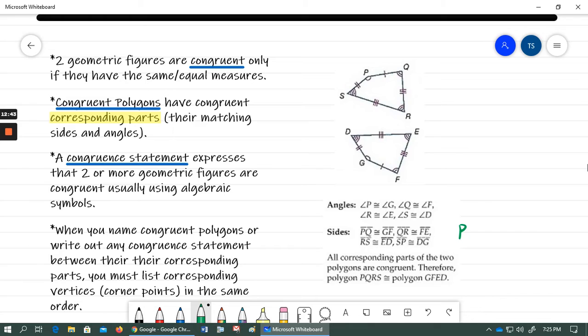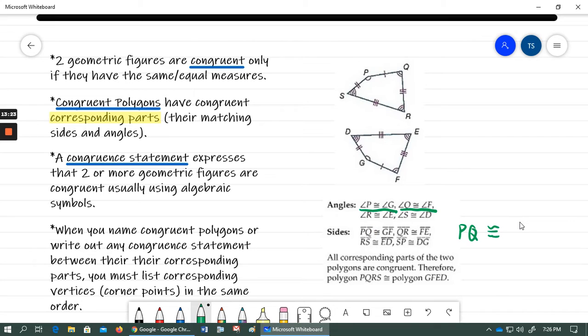We know that angle P corresponds with angle G, and angle Q corresponds with angle F. So P is congruent to G, and Q is congruent to F. You see that. Now notice the way they wrote out this first congruent statement with the sides.